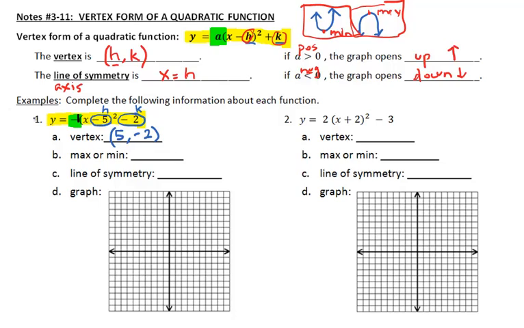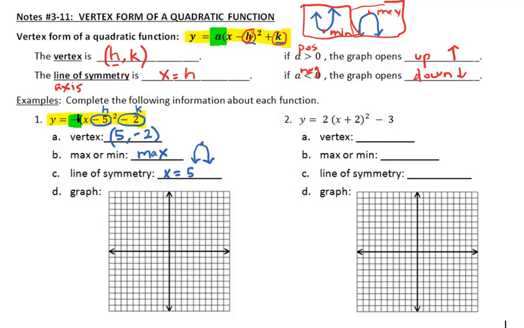Since it's less than 0, the graph opens down, so the vertex would be at the top, so the vertex would be a max. The line of symmetry, remember, is x equals whatever that h was, so it's 5.